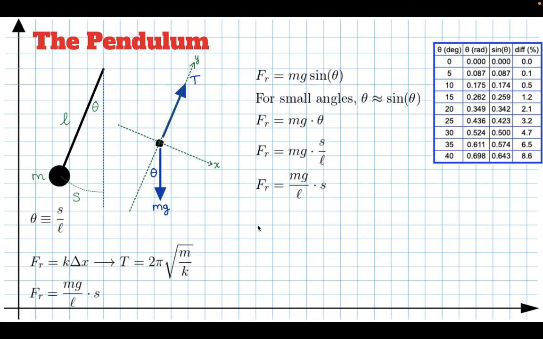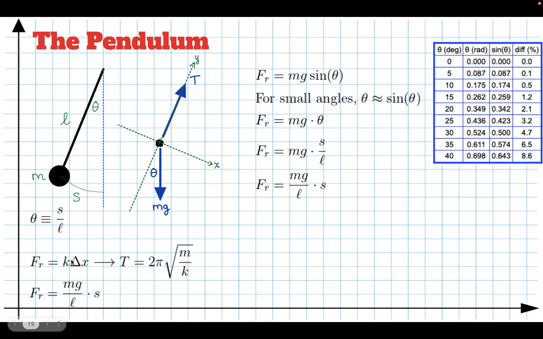Now think about the pendulum. The restoring force is equal to mg over L times S. So the restoring force is equal to some constant, mg over L, times the distance it's displaced from equilibrium. So this delta x and this S are the same thing. It's how far it's displaced from equilibrium.